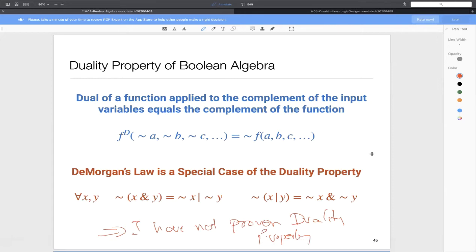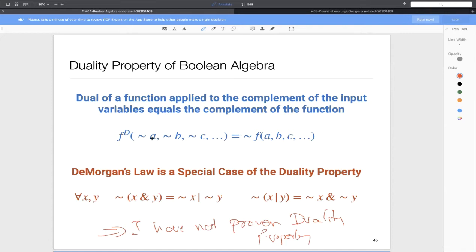Okay. Does that also mean that the dual of a function applied to the normal input variables, not the complement, but the actual input variables, equals the same value of the function?